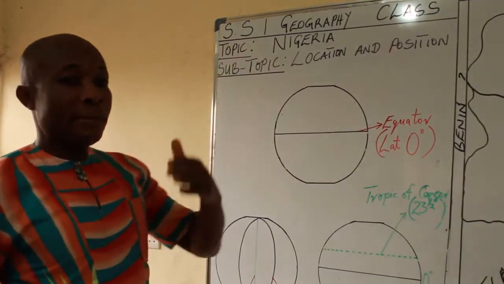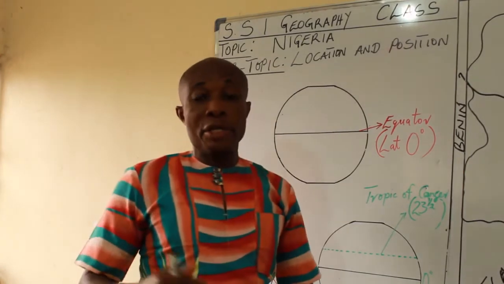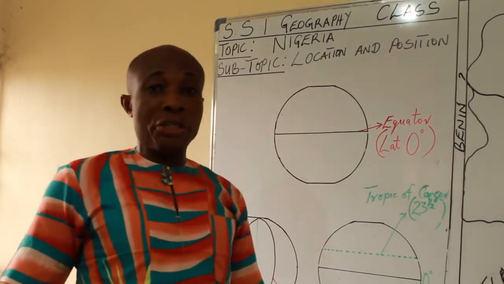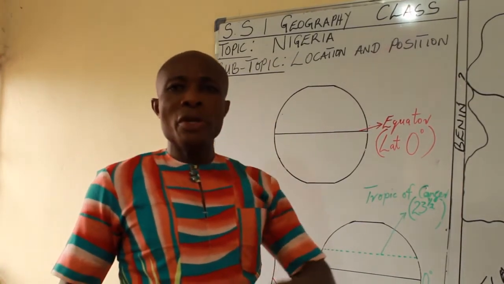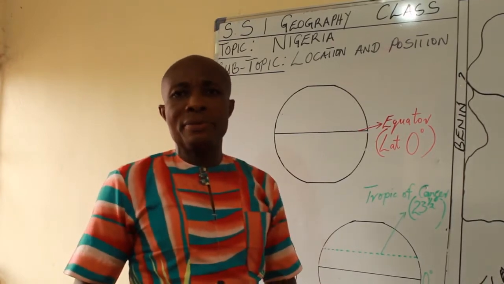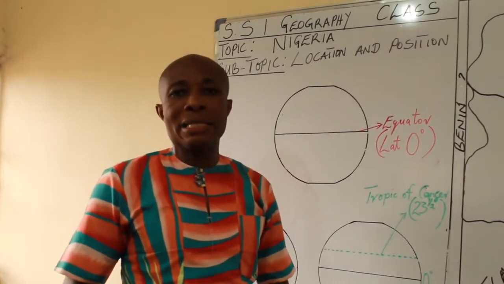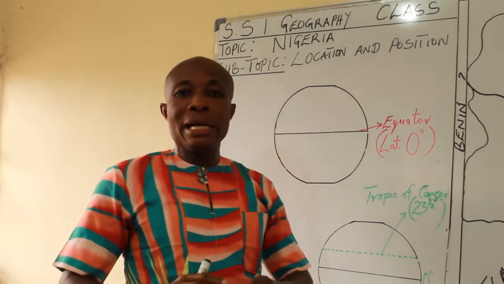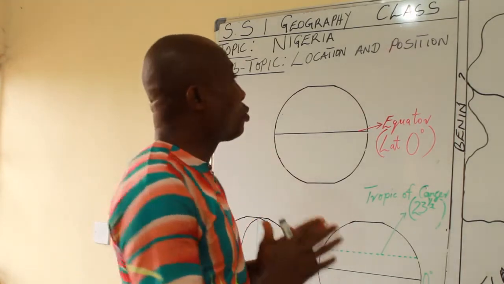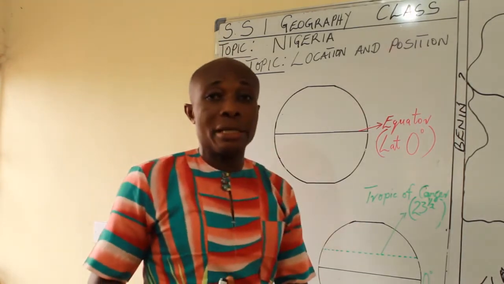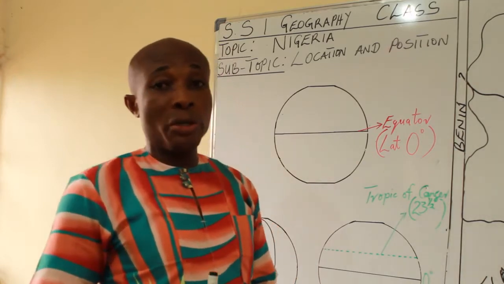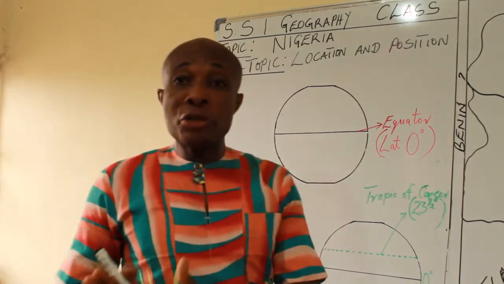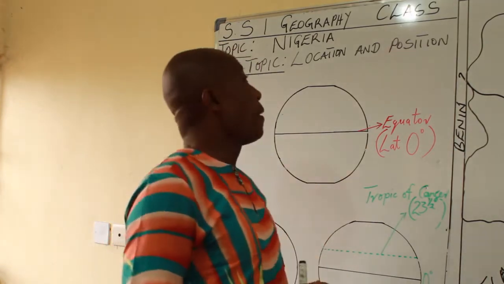We have been learning the Earth, the solar system, longitude and latitude, the Earth as a planet. And now, we are going to go into Nigeria. In some textbooks, you can see it as the regional geography of Nigeria.